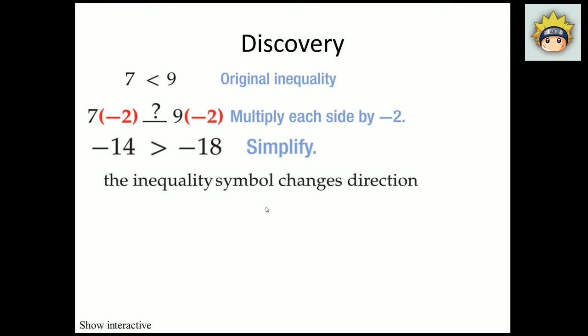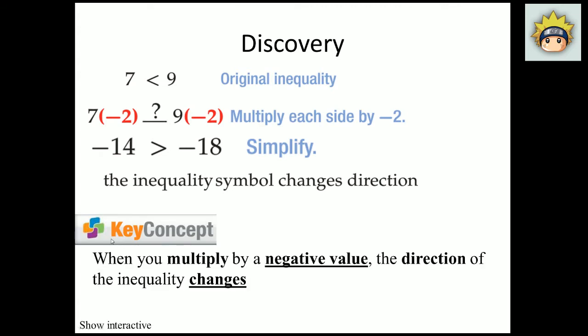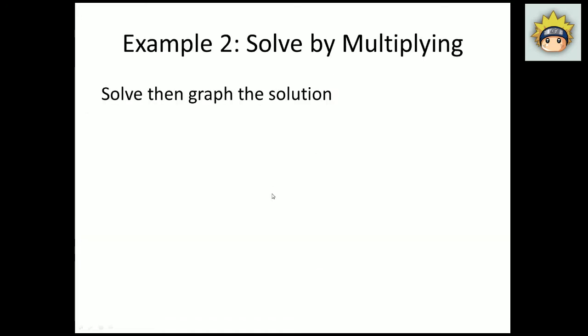So you should notice that the inequality symbol changes direction. Here's the key concept. When you multiply by a negative value, the direction of the inequality changes. 7 times negative 2 and 9 times negative 2, when we multiplied by negative 2, our symbol changed from a less than symbol to a greater than symbol.